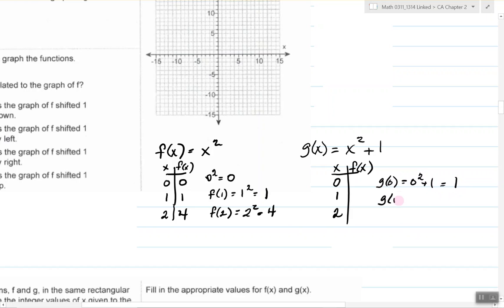G of 1 is 1 squared plus 1, which is 1 plus 1, or 2. G of 2 is 2 squared plus 1, which is 4 plus 1, or 5. So 0, 1, 1, 2, 2, 5. Hope I can remember those.